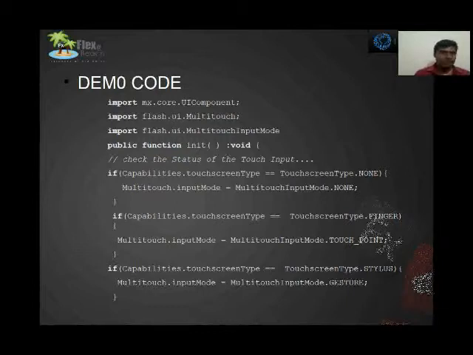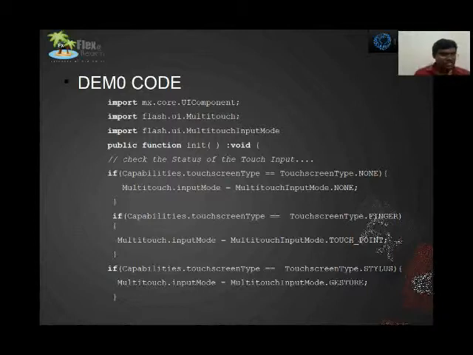So at first I have differentiated by capabilities.touchscreenType equal to TouchscreenType.FINGER. If it is finger, then multitouch input mode will be equal to touch point. Why is it mentioned as touch point? I already told you everything has a unique touch point.